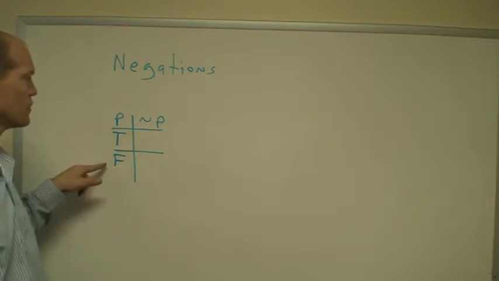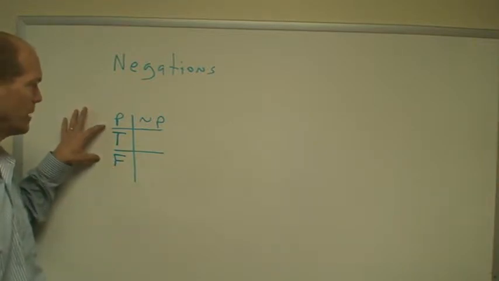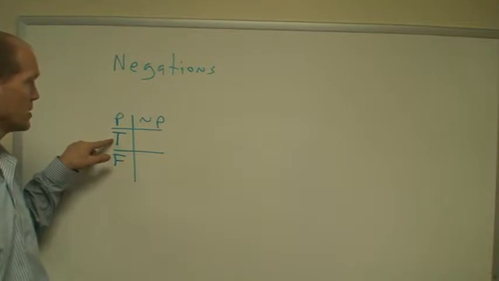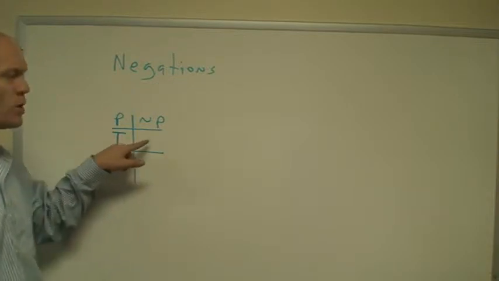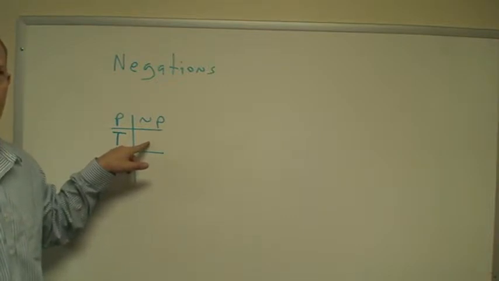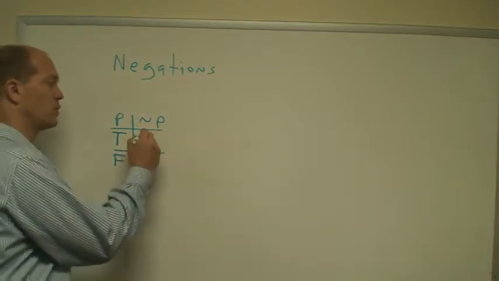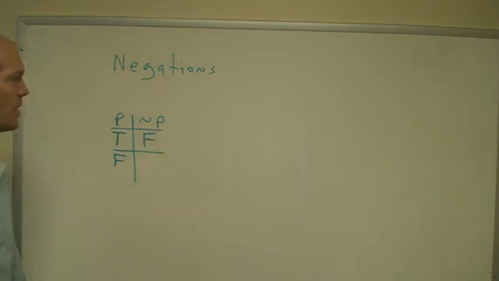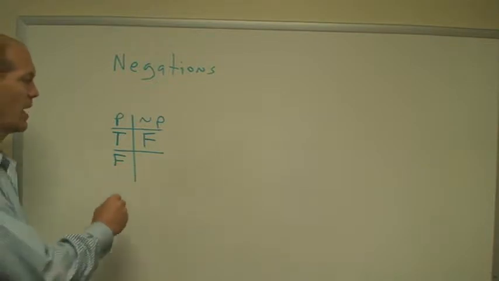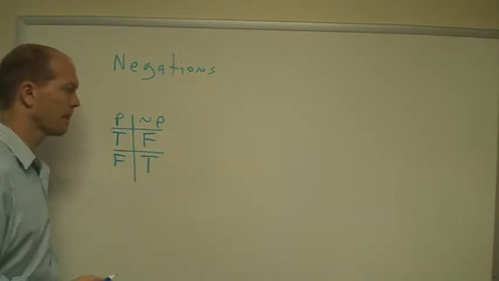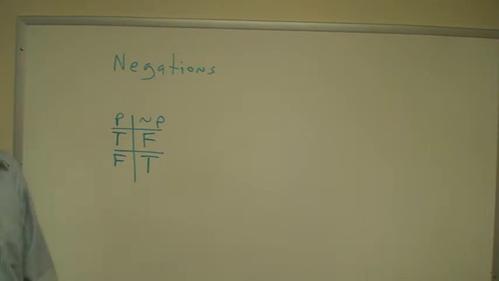Again, what we have in this first column are the possible truth values for P, and what we're saying here is that P is true in row 1. Well, if P is true in row 1, the negation of P, which should have the opposite truth value, will have to be false. The negation of P in row 2, well, in row 2 we're saying that P is false, so the negation of P would have to be true. And this would be a truth table involving the negation.